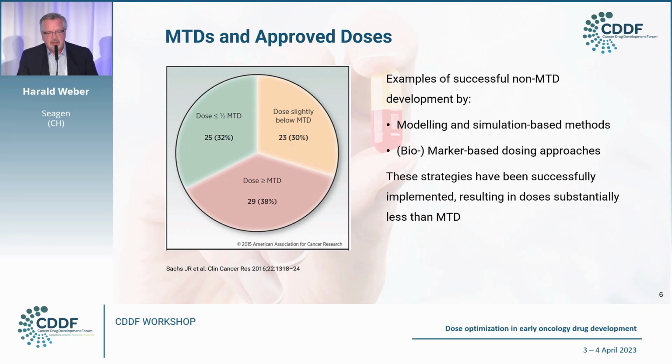The examples of successful non-MTD development that I've found in the literature are basically modeling and simulation-based methods. We will have a lot more discussions about methodologies, taking also preclinical and early clinical aspects into account, and biomarker-based dosing approaches, and these strategies have, for at least about 60% of approved drugs, already been successfully implemented.